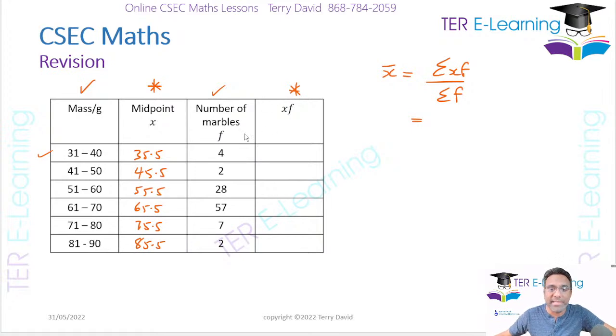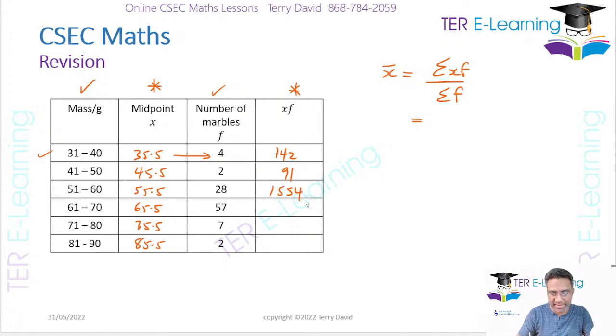Now, what we need to do is to take the midpoint values and multiply by my frequency. So the first thing we're going to take is 35.5 and multiply by 4. So 35.5 multiplied by 4, and you're going to get 142. Then you take 45.5 multiplied by 2, I'm getting 91. 55.5 multiplied by 28 is equal to 1554.